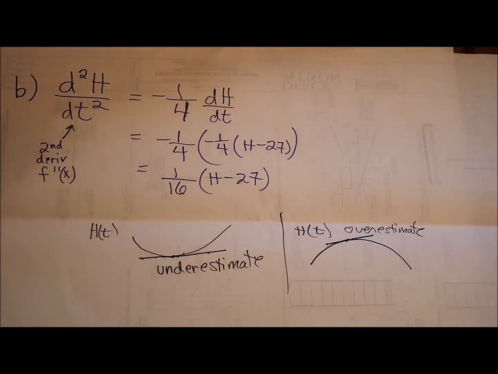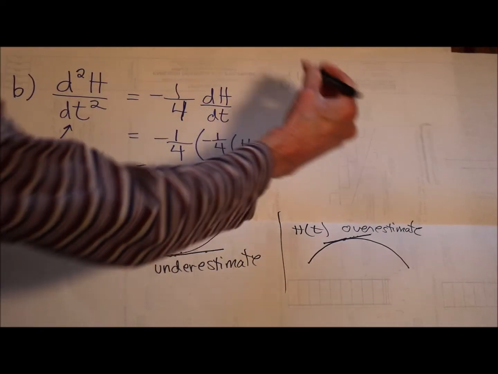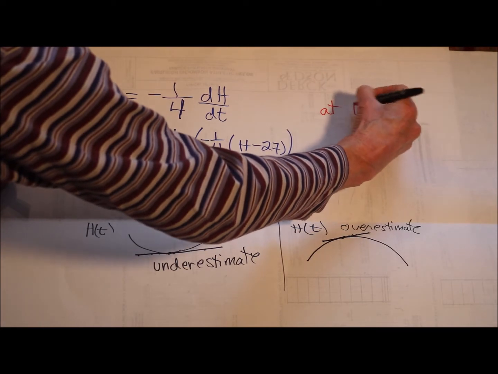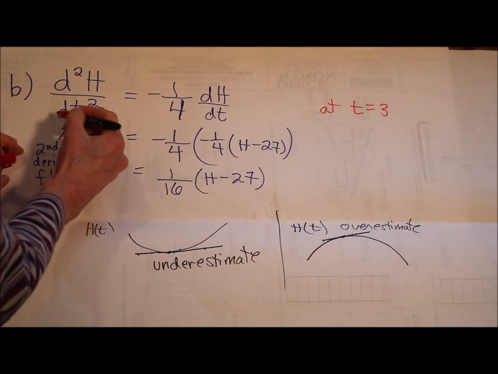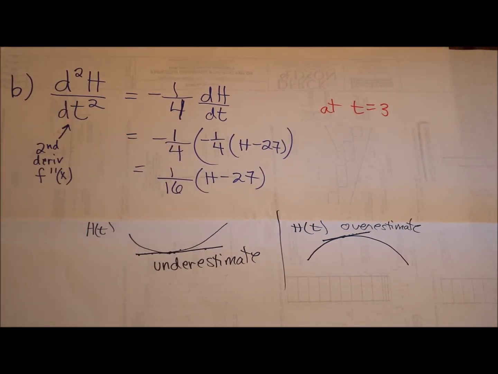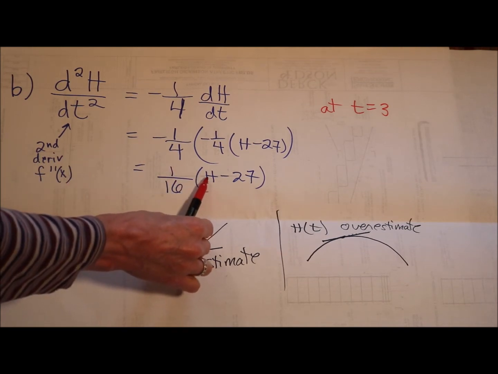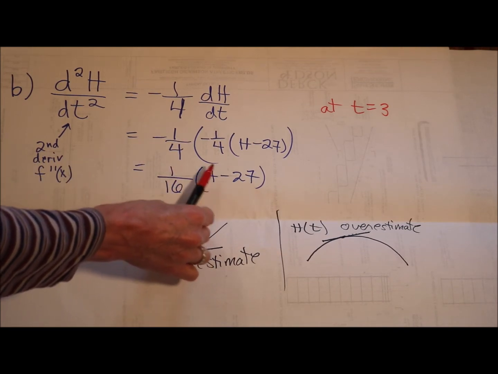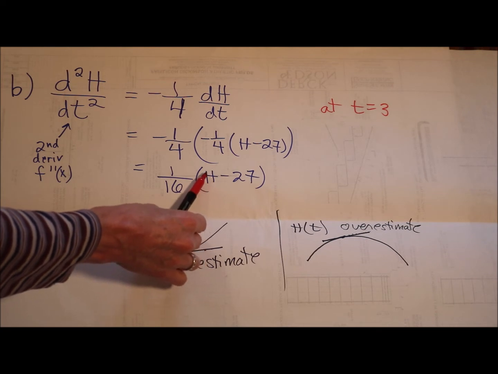Well, that means I need to know at time 3 is my second derivative positive or negative? Well, there's no place to put in a t, and I don't know what my h is at time equals 3.